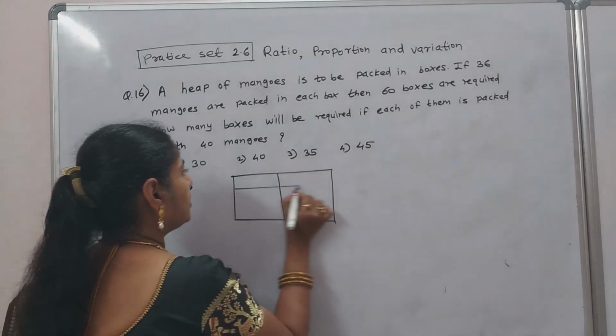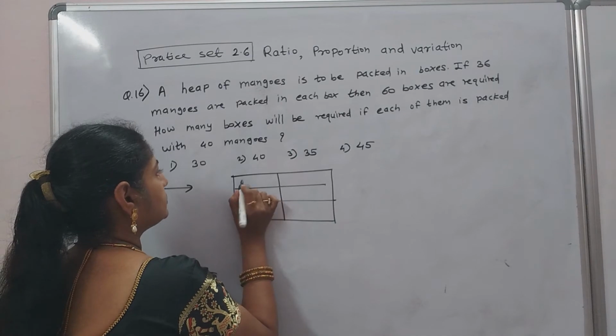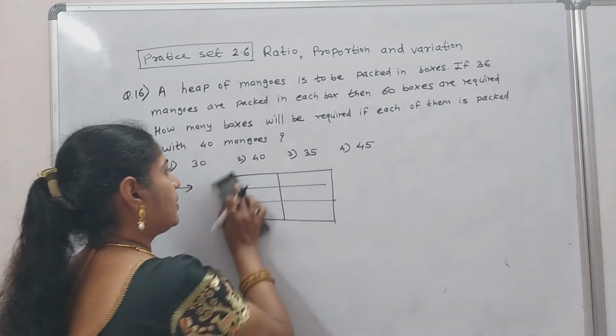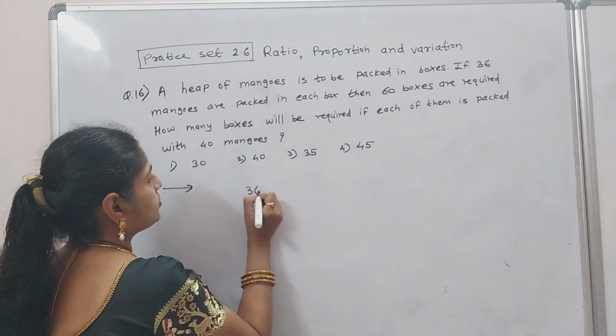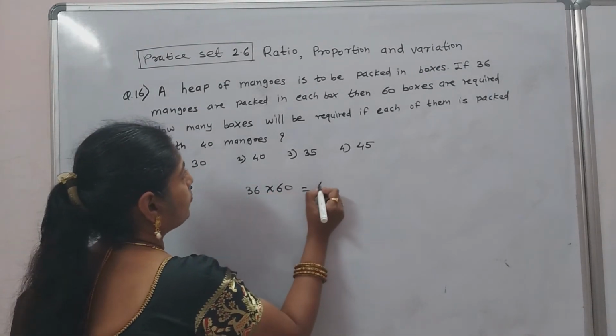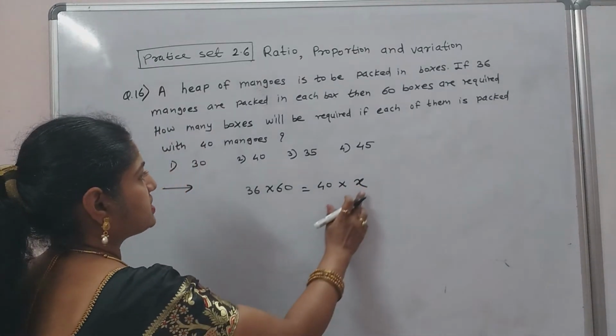So I take the number of boxes. Multiplications are equal: 36 into 60 equals 40 into x boxes.